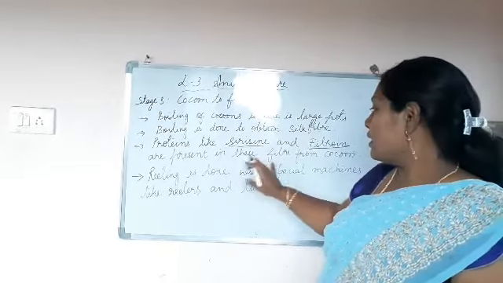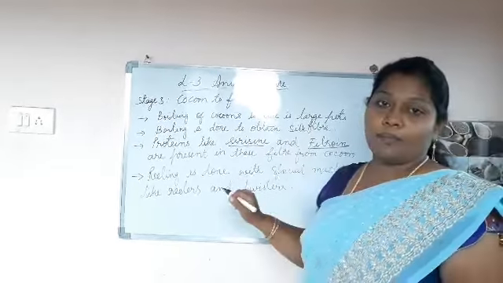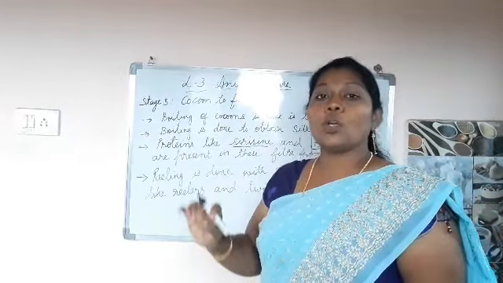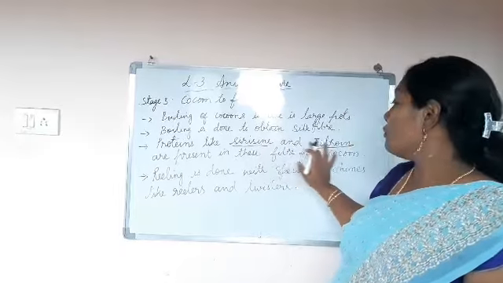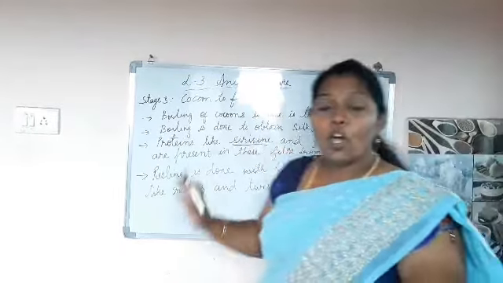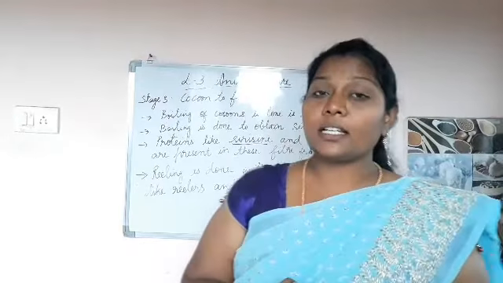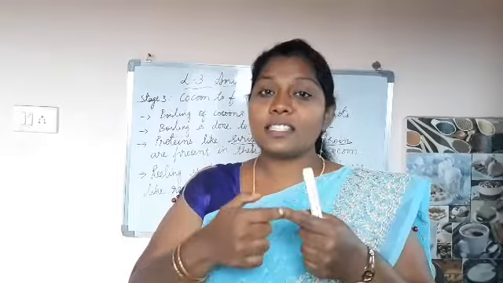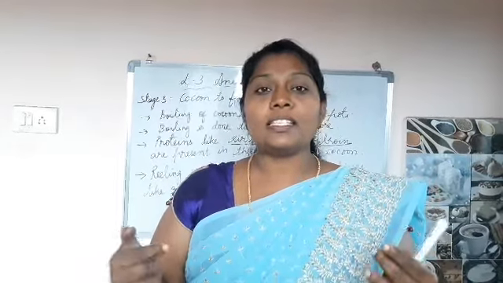These are present in the cocoons. The silk thread in the cocoon contains these two proteins. Because of this protein content, the stiffness or the strength of the silk fiber is seen.